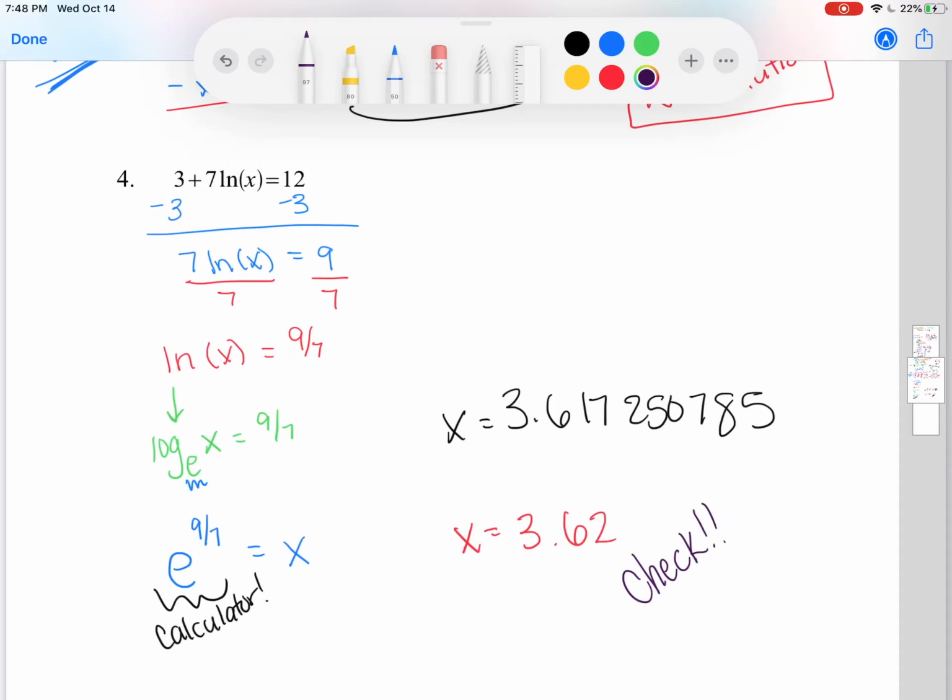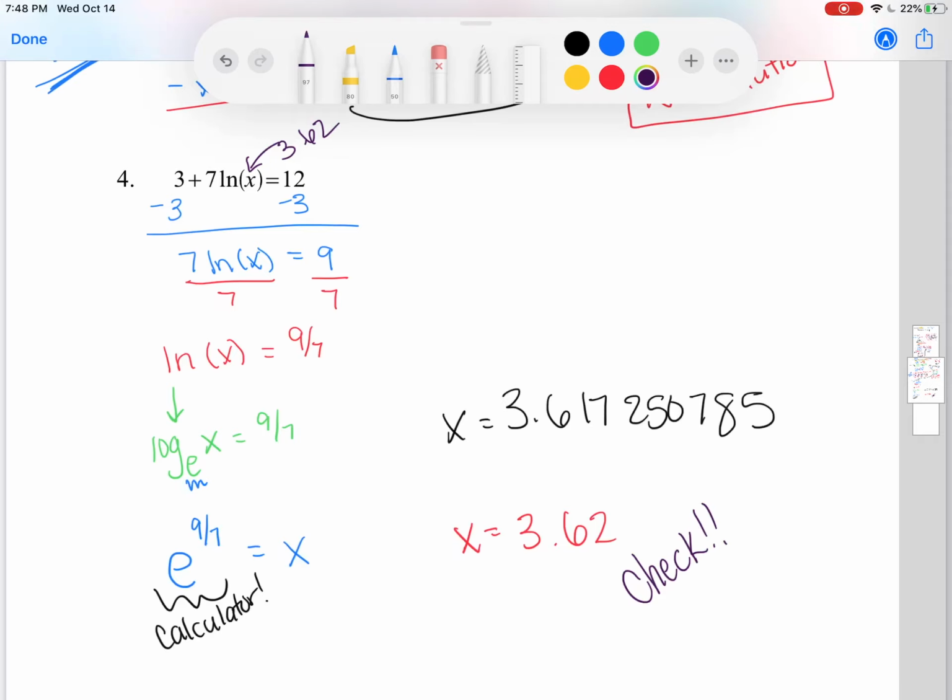And just like every single time, so we don't forget it, especially the day of our test, take this answer and always check it. Don't forget that step. You were given a natural log at the very beginning, so we need to make sure that the answer we get at the end does not come out as 0, does not come out as a negative.